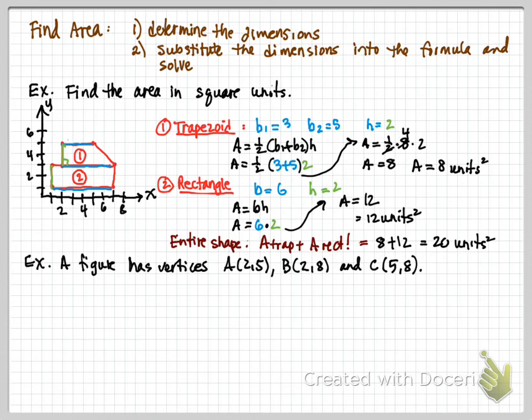Okay, so already I'm thinking 3 vertices, it's got to be a triangle, but I don't know. But look what they tell us. We need to graph it. So we're just not going to use the coordinates. We're going to do graphing. So graph the figure and classify it. In other words, tell me exactly what it is. That's what classify means. And then find the area.